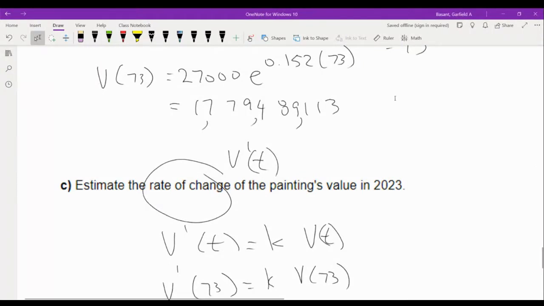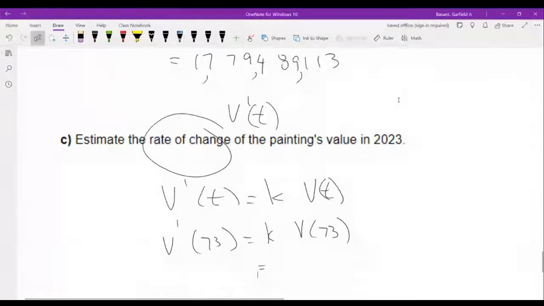Can you hear me now? All right. So now we're finding the rate of change of the painting's value in 2023. If you remember the last class, we said that the rate of change for these exponential functions is equal to k times the original function.